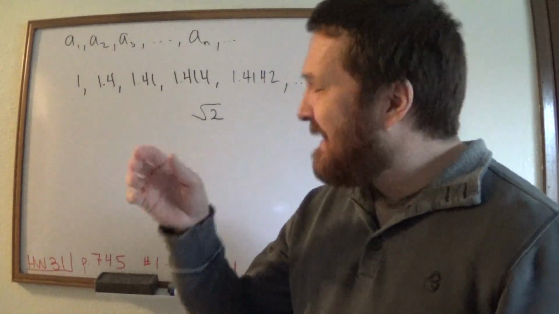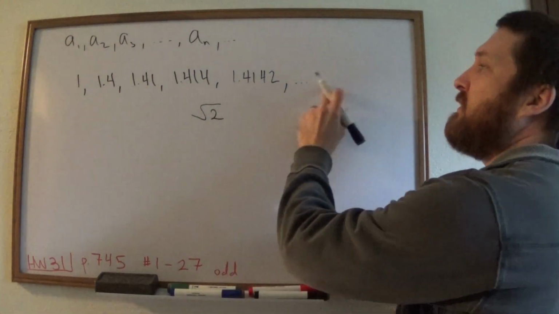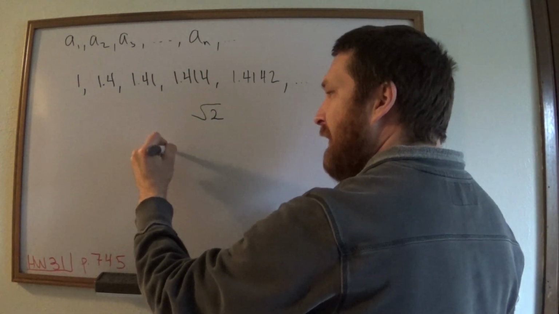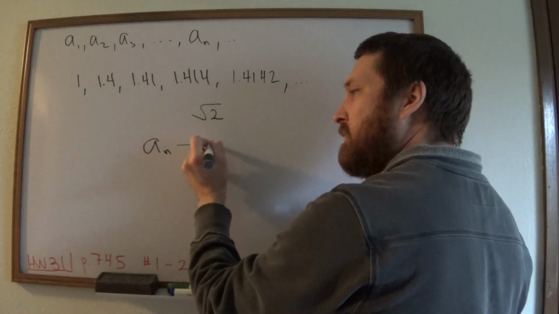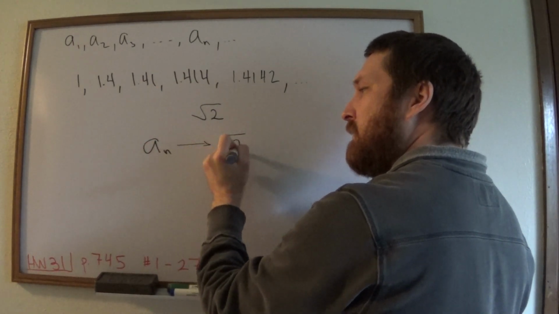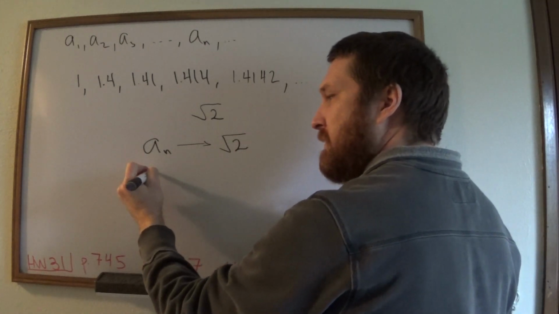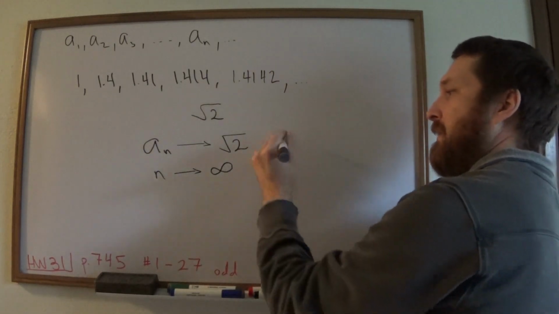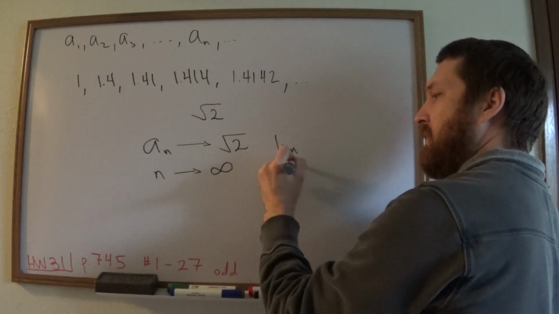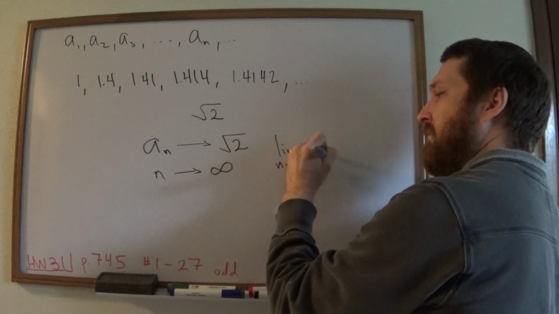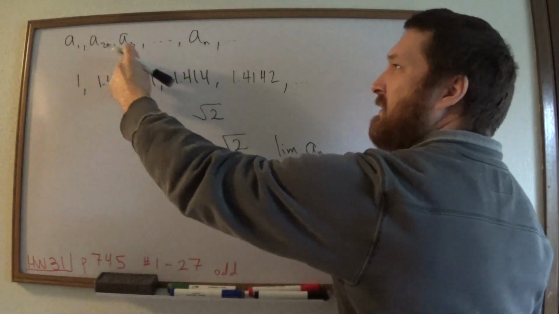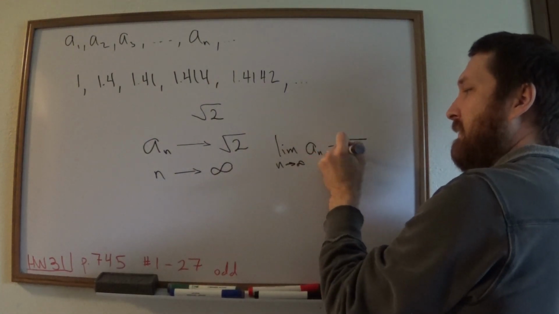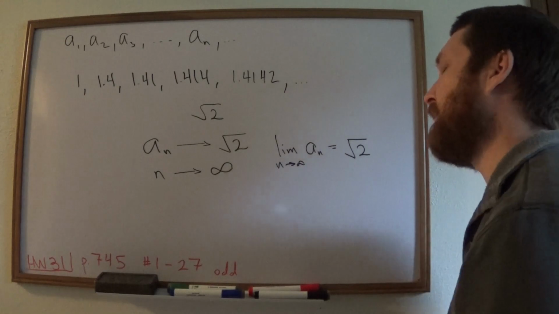So, in this case, the nth term gets closer and closer to the square root of 2 as n goes to infinity. We could write that as the limit as n goes to infinity of this sequence, meaning that this number gets closer and closer to square root of 2. We'd say that the limit equals square root of 2.